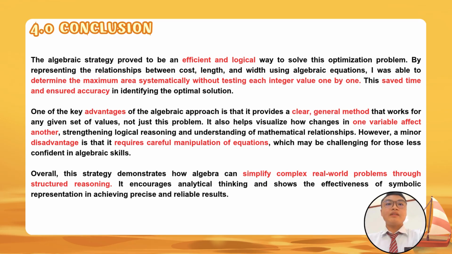However, a disadvantage is that it requires careful algebraic manipulation, which can be challenging for some learners. Overall, the algebraic approach demonstrates how mathematics can simplify real-world problems, strengthen reasoning skills, and provide precise, reliable results.